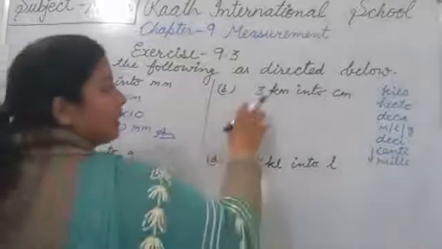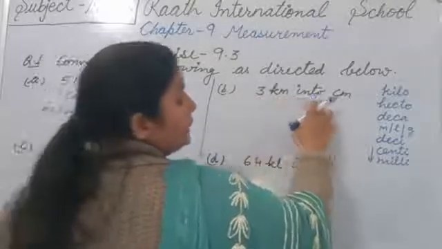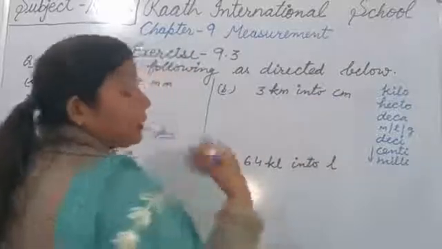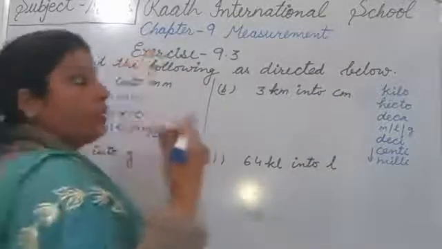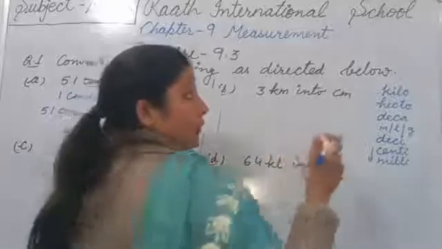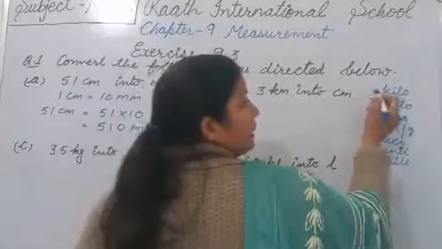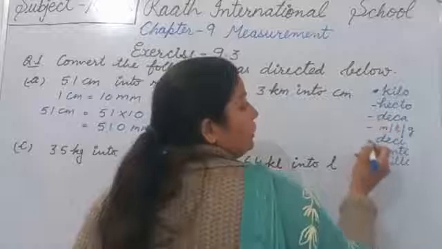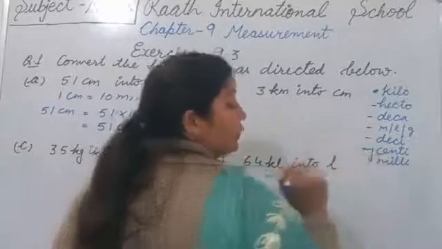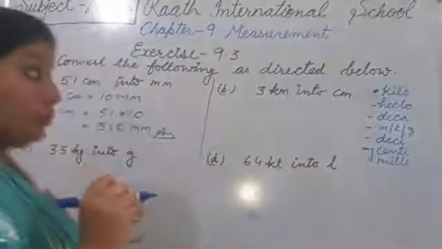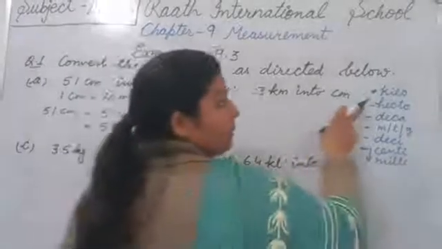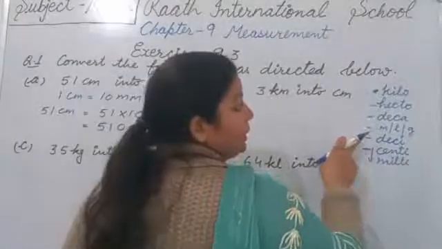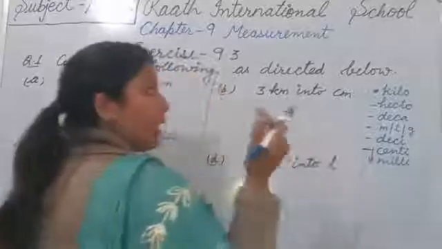Now it's B part. In B part what do we have? 3 kilometer into centimeter. Now kilometer to centimeter. Check how much down. Here there is kilometer. Now hecto 1, 2, 3, 4, 5. 5 times down is centimeter. So now we have 10, 100, 1000, 10,000, lakh, 1 lakh.